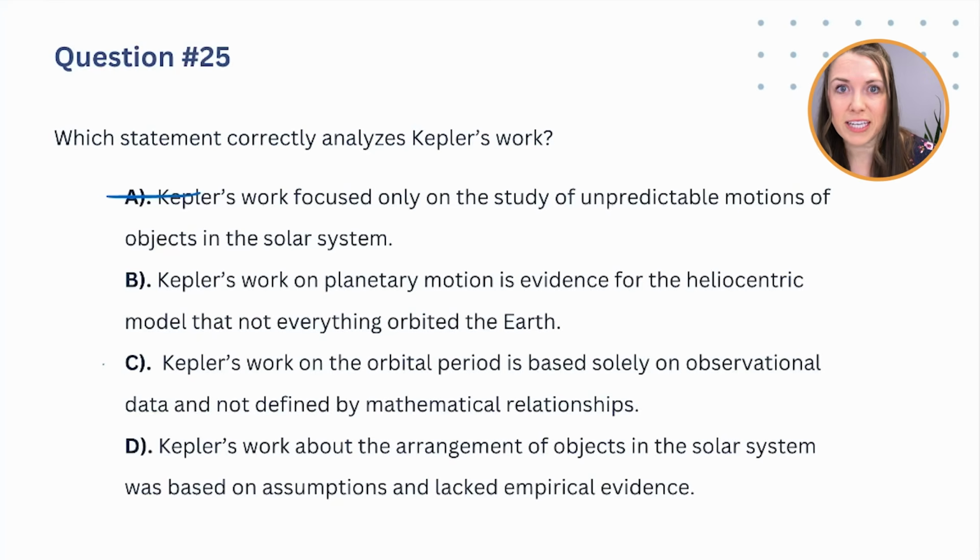Just looking at that question and analyzing it, not it. D: Kepler's work about the arrangement of objects in the solar system was based on assumptions and lacked empirical evidence. This is the same thing as C, right? He is a well-respected scientist that had evidence, right? So B. Just getting rid of the other ones, and thinking about a well-respected scientist, will help you get through.